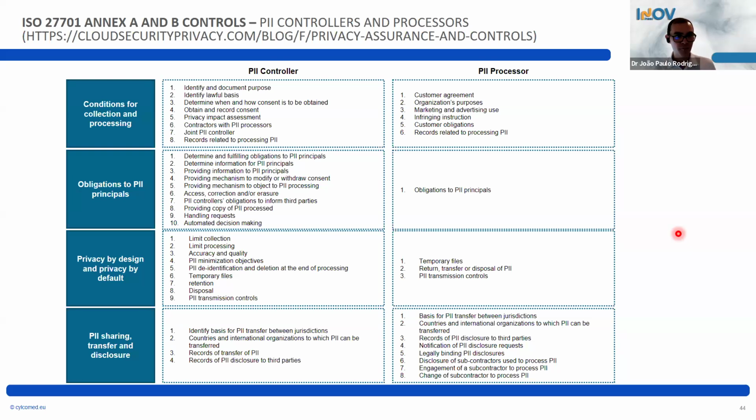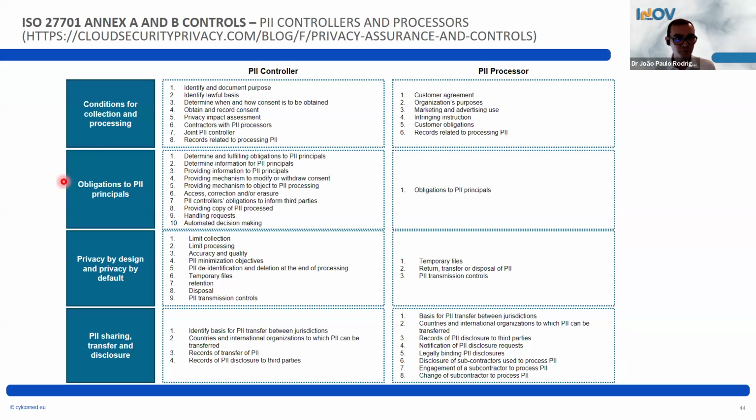As examples, for the first category we have the identification and documentation of the purpose, identification of lawful basis, privacy impact assessment, and contracts with PII processors. For the PII processor with the customer agreement, we have organization purposes, and so on and so forth.